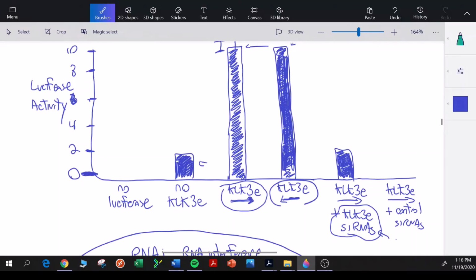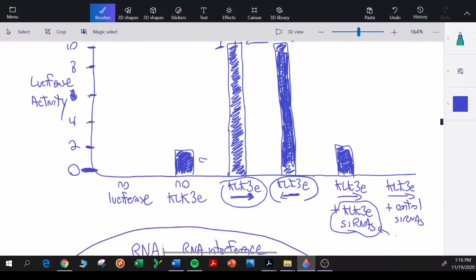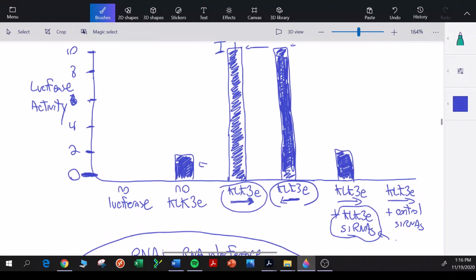So the nucleotides are the same, but they're not in an order that matches anything. So they're not complementary to the enhancer RNA from KLK3E, but they have the same nucleotides in a useless order. And when they use these, okay, they still get lots of transcription.